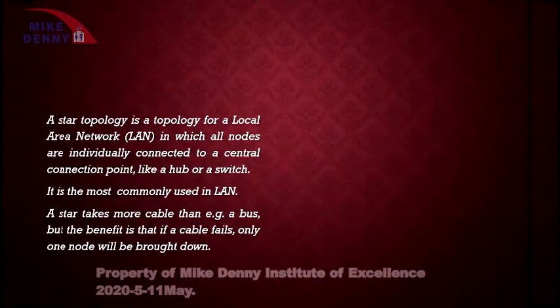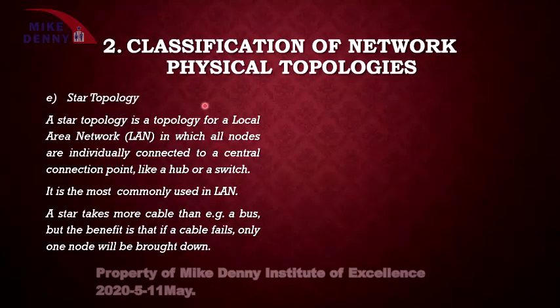What you need to understand is that the star topology is a topology for a local area network in which all nodes are individually connected to a central connection point, like a hub or a switch. We saw it two weeks earlier.